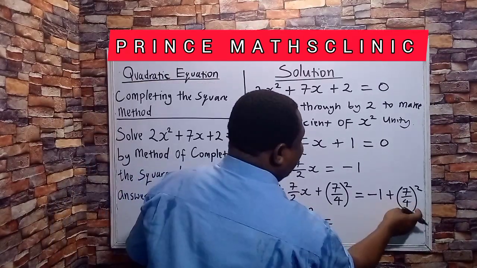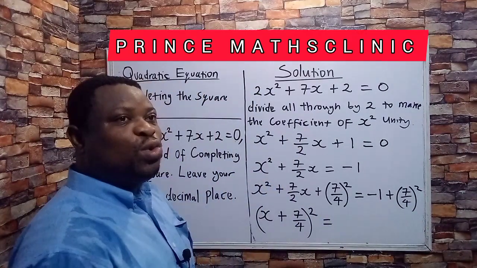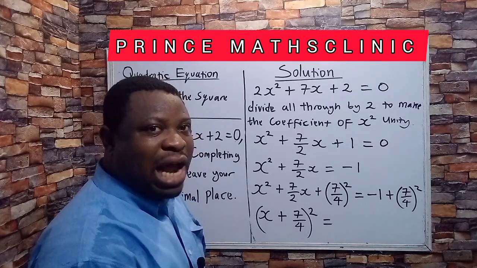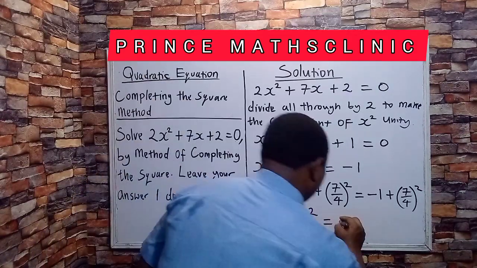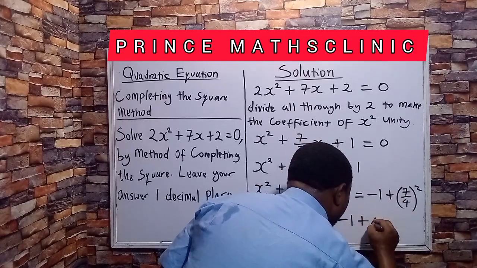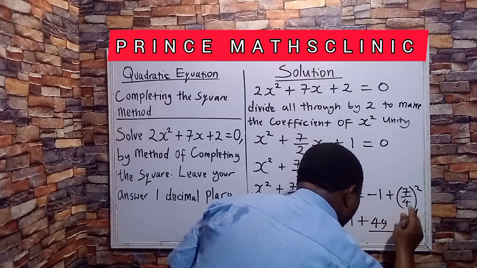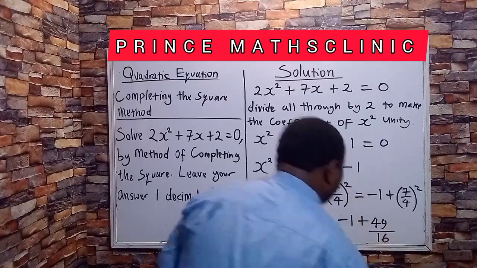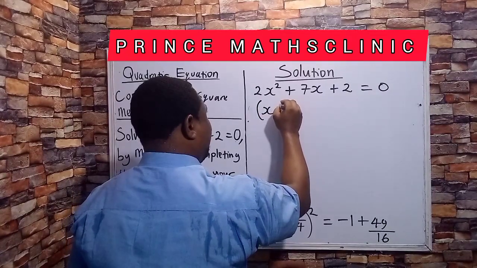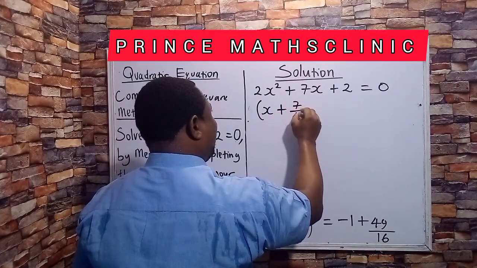Then at the right hand side, you are going to evaluate what you have there, or carry out the operation you have there. So this is negative 1. Then if you square 7, you get 49. And if you square 4, you get 16. So at this stage, you have x plus 7 over 4.